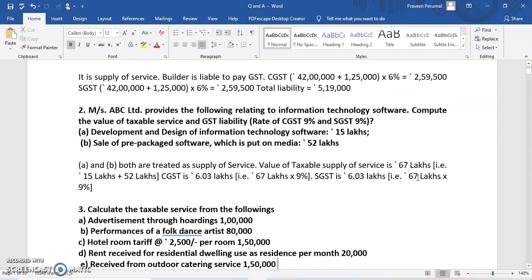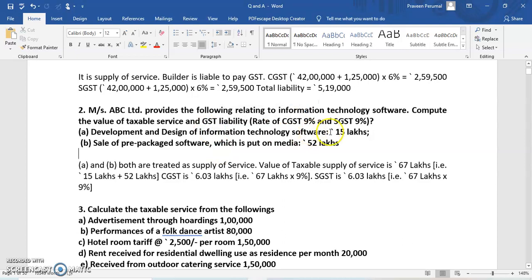Question number 2. ABC Private Limited provides services related to information technology software. Understand that there is a clear distinction given between services and goods. So, we have to find out whether it is a service or not. Development and design of software is a service. Sale of prepackaged software is also a service. So, it is supply of service and not supply of goods.